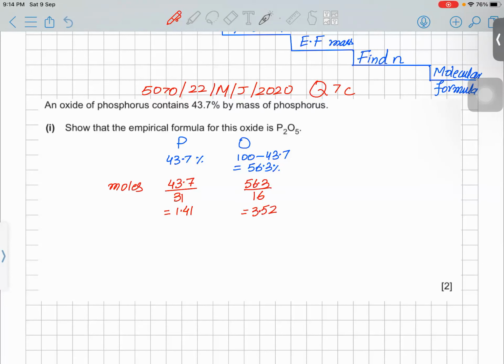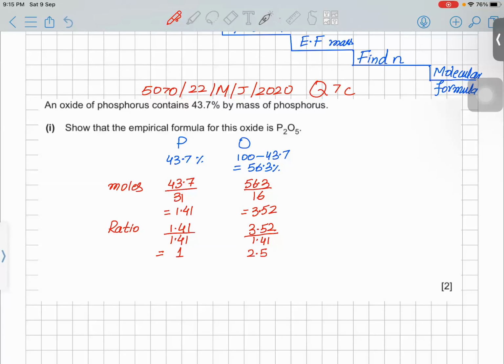So find the ratio. You have to take the smaller one, so 1.41 divided by 1.41 is 1, and 3.52 divided by 1.41 is 2.5.